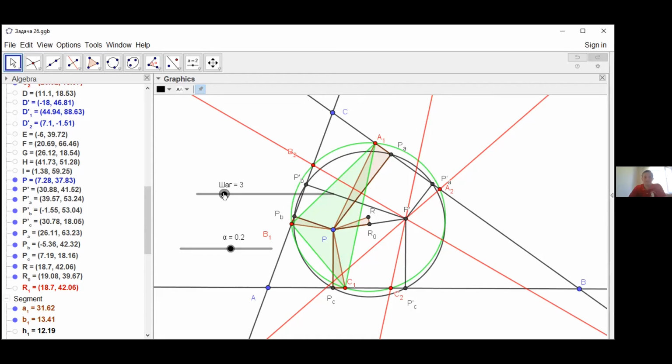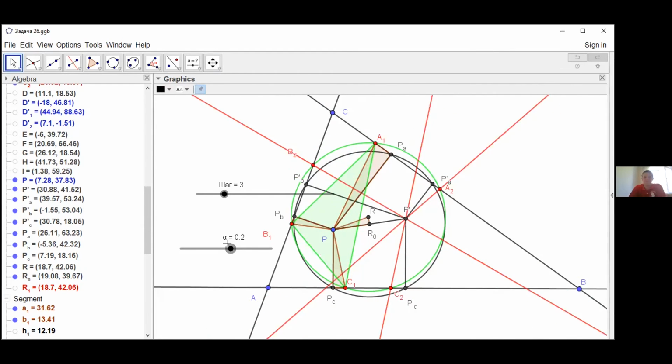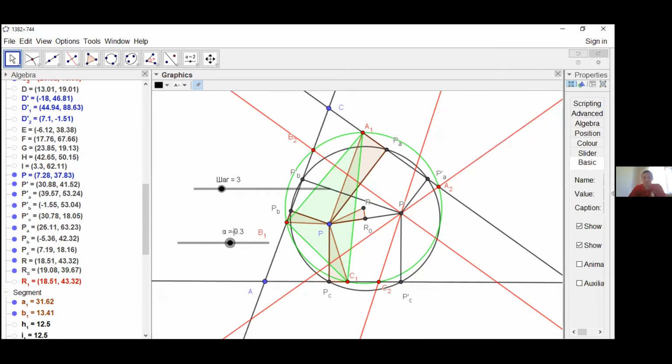If we rotate the triple of lines through P clockwise, the lines through P prime will be rotated counterclockwise like that.